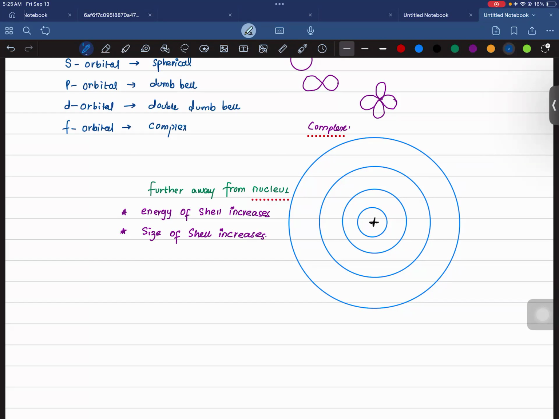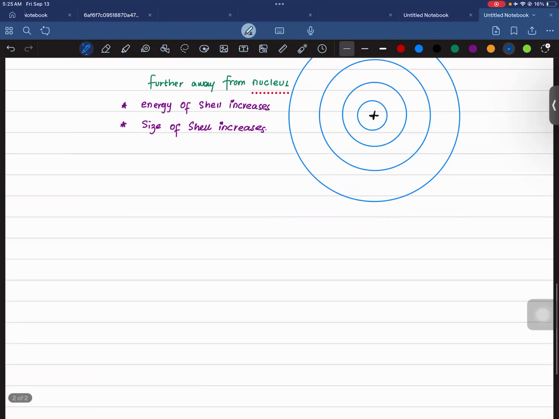Then if we discuss s orbital, remember s orbital is, you can say, directionless.